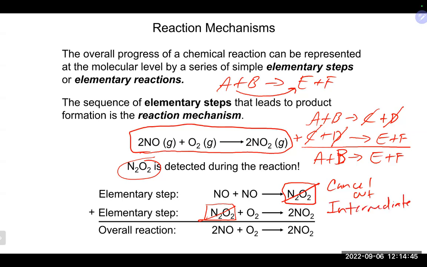An intermediate is some type of substance that gets made early on in a mechanism, but it gets used up by the time the reaction is over. So this is a possible way that we could account for what is seen when this reaction takes place, that perhaps we make this N2O2 to begin with, and then it gets used up in the next step. Any questions on that there?